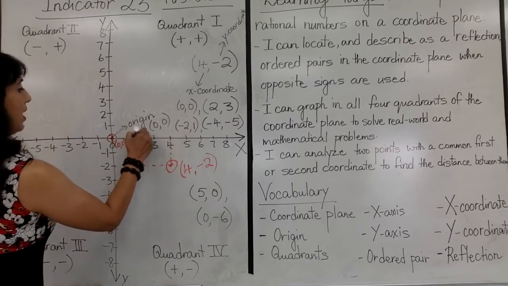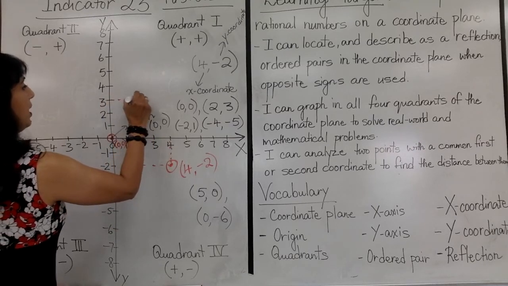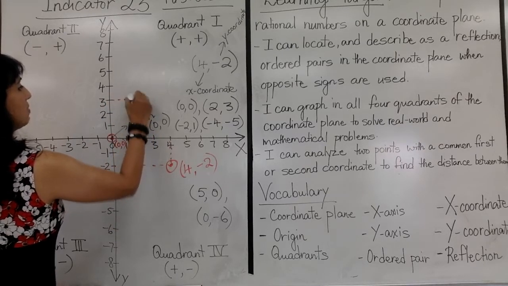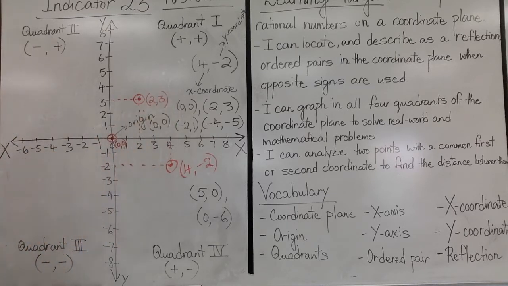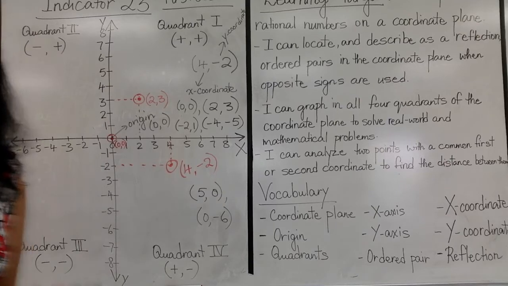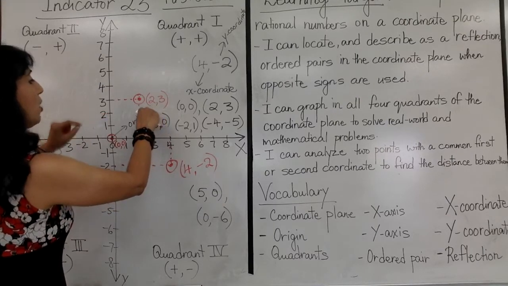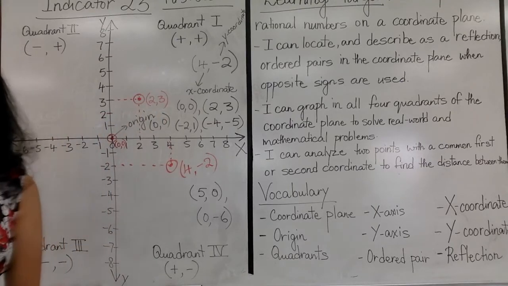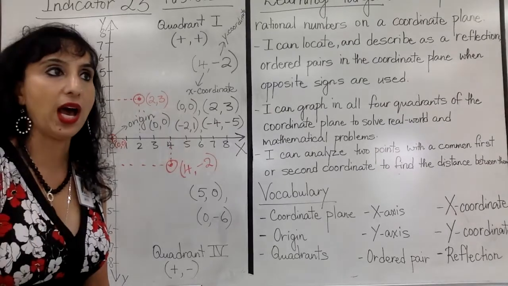This is 2, and 3 is also positive. So this is 3, and here is my point. Do not climb before you walk. That means do not count 2 here and 3 here, because you will get a totally different ordered pair which is incorrect. You will see the x-axis first and then the y.